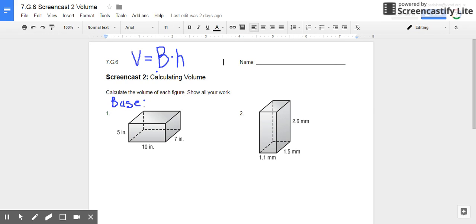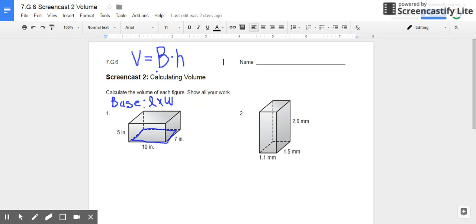So if we want to find the area of a rectangle, we're going to do length times width. Now let's pick the bottom of this rectangular prism, and we're going to call this our base.